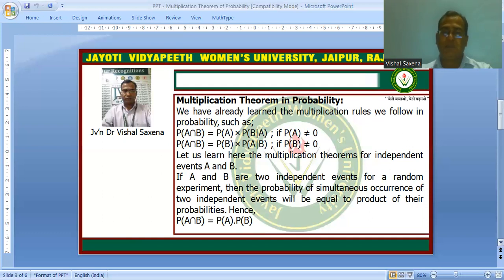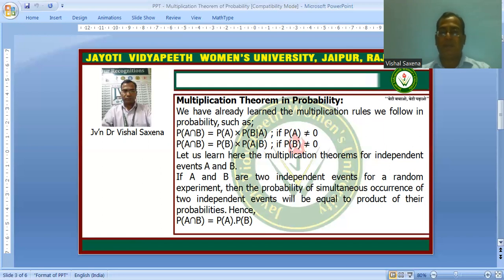Now if A and B are two independent events of a random experiment, then the probability of simultaneous occurrence of the two independent events is P(A intersection B) equal to P(A) into P(B). This can be obtained from the statements above: P(A intersection B) is equal to P(A) into P(B given A), and because both events A and B are independent, P(B given A) can be written as only P(B).